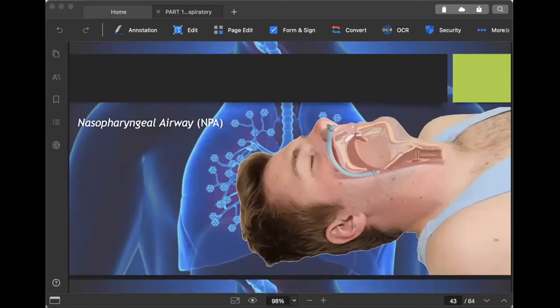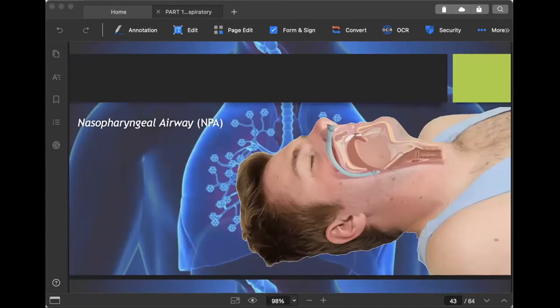With this one, there is potential for epistaxis with the removal of your NPA, so we have to be aware of that. An oxygen mask or bag mask ventilation can actually be applied over the top if it's really needed.